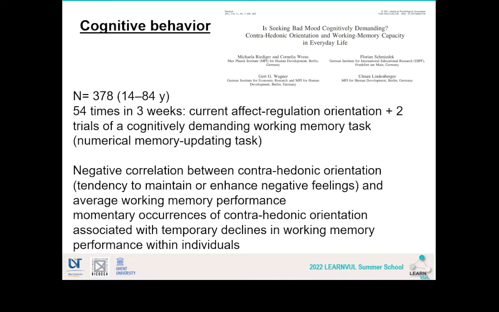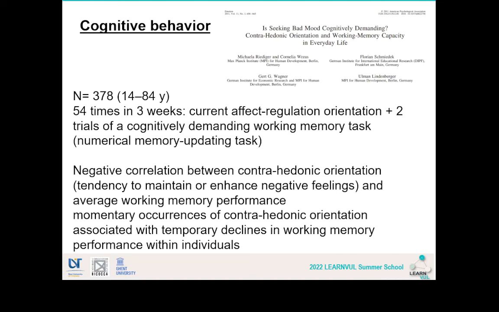They collected data on a very large age range, a sample from 14 to 84, 54 times in 3 weeks. This time I think it was signal contingent. They were measuring their affect regulation orientation in that moment, and then they were asked to complete 2 trials of demanding working memory tasks, typical numerical memory updating tasks, asked to look for the numbers while doing other things.